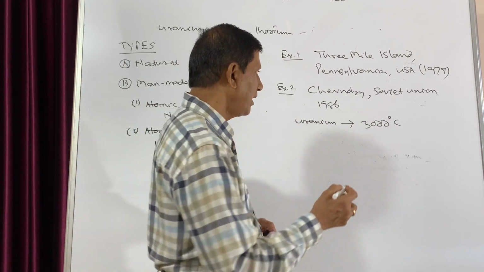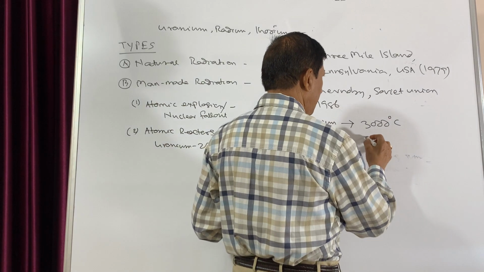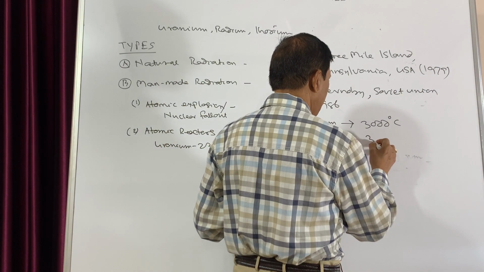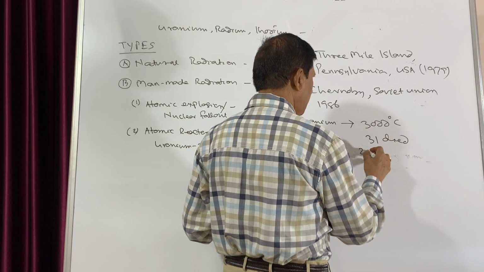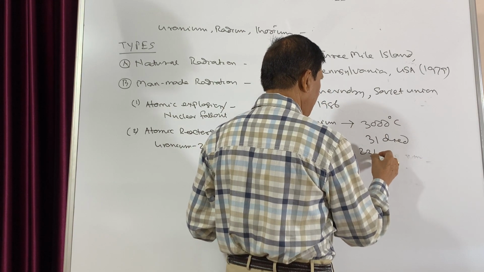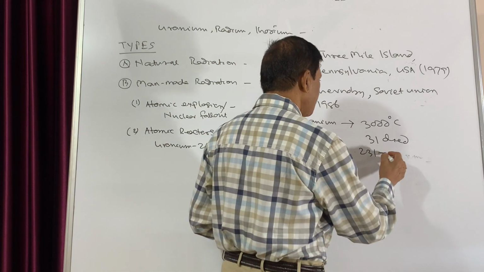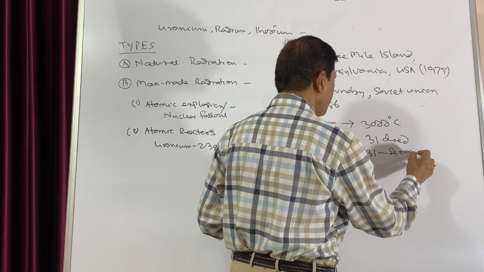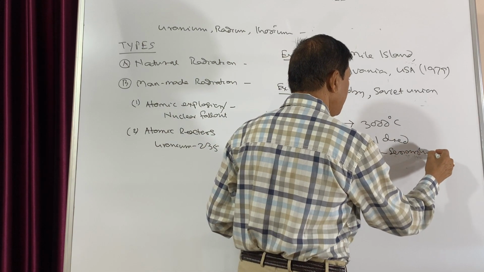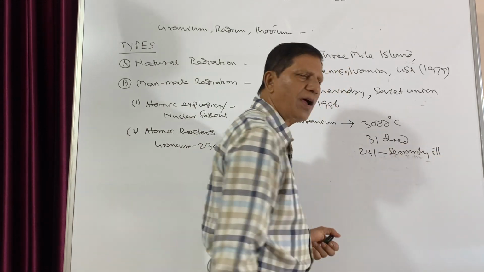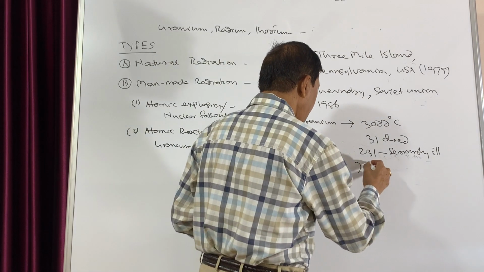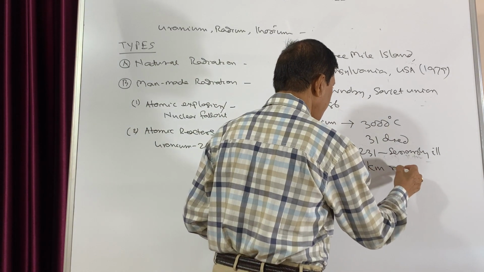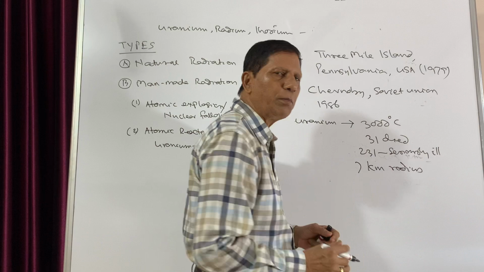As a result, nearly 30 people died and 231 people were seriously ill, and the vegetation up to 7 kilometer radius was completely destroyed.